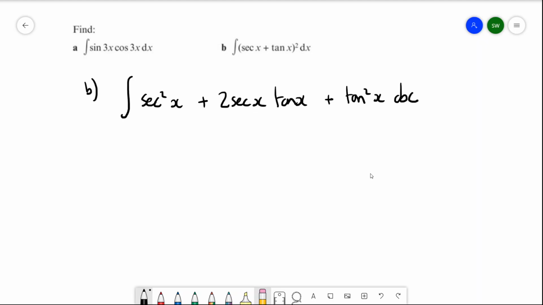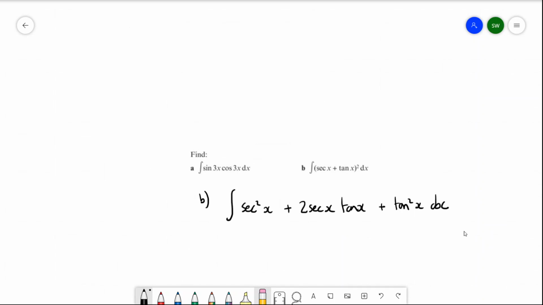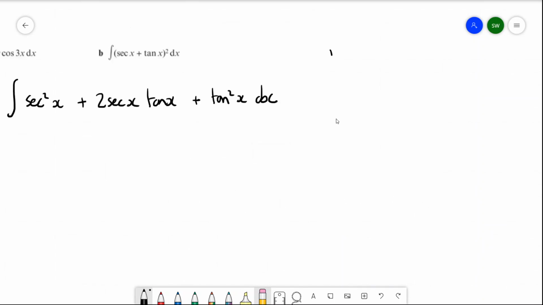And I know how to integrate sec squared, that's tan. I don't know how to integrate tan squared, but I do know an identity which is related to tan squared. We know that 1 plus tan squared x equals sec squared x. So if we rearrange that, we know that tan squared x is sec squared x minus 1.